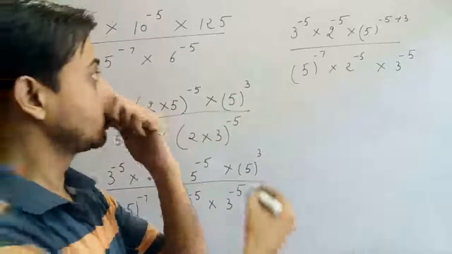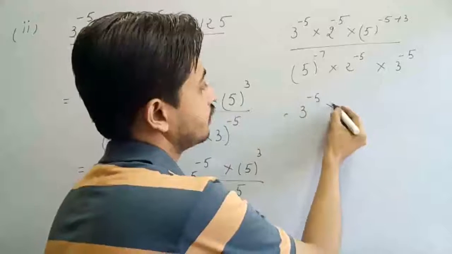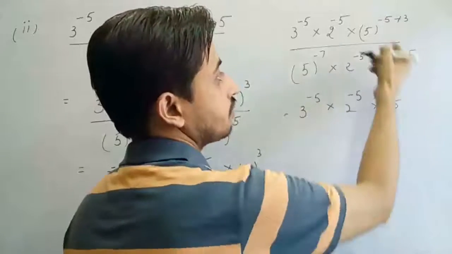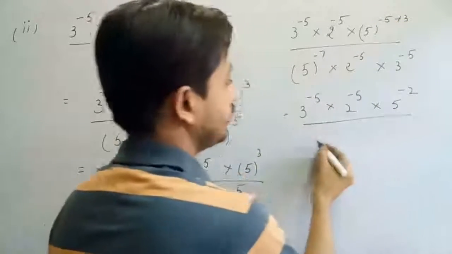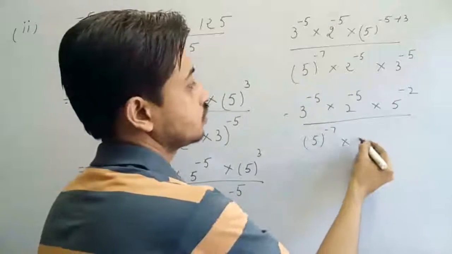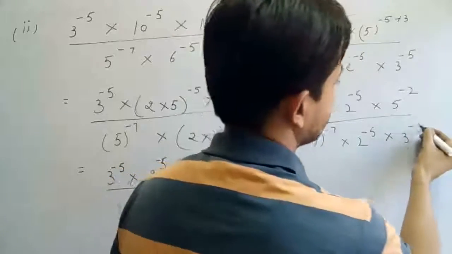Now solve further. 3 raised to the power negative 5 multiply 2 raised to the power negative 5 and 5 raised to the power minus 5 plus 3 minus 2, divide 5 raised to the power negative 7, 2 raised to the power negative 5 and 3 raised to the power negative 5.